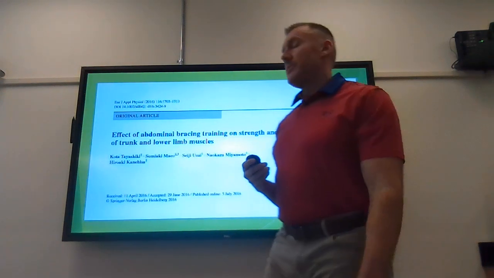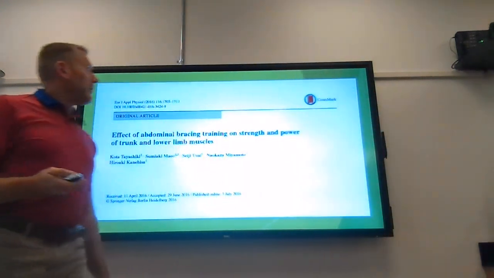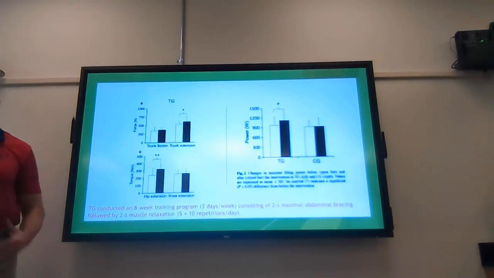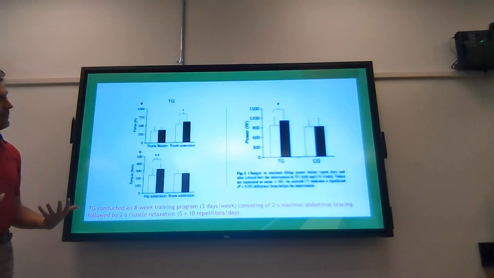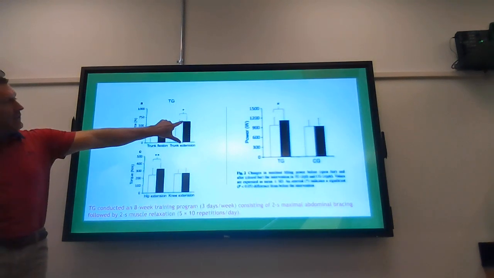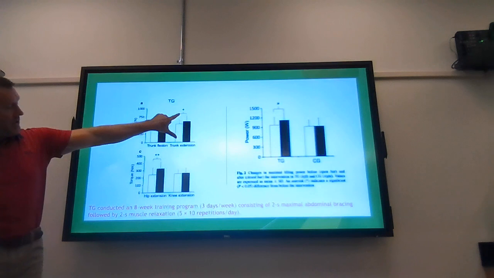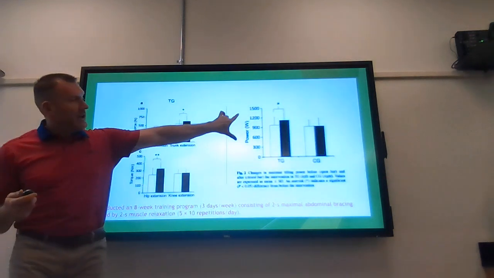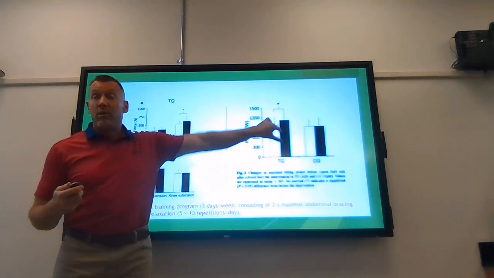So here's a follow-up study on bracing versus hollowing. What we can see is that when people undergo bracing type training, they get a significant increase in trunk extension as well as hip extension, and also an increase in jump power.